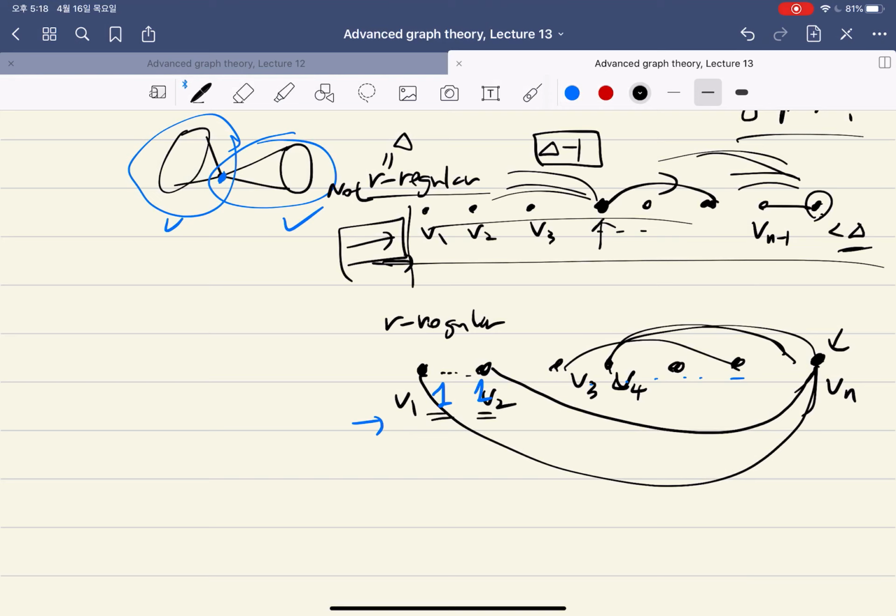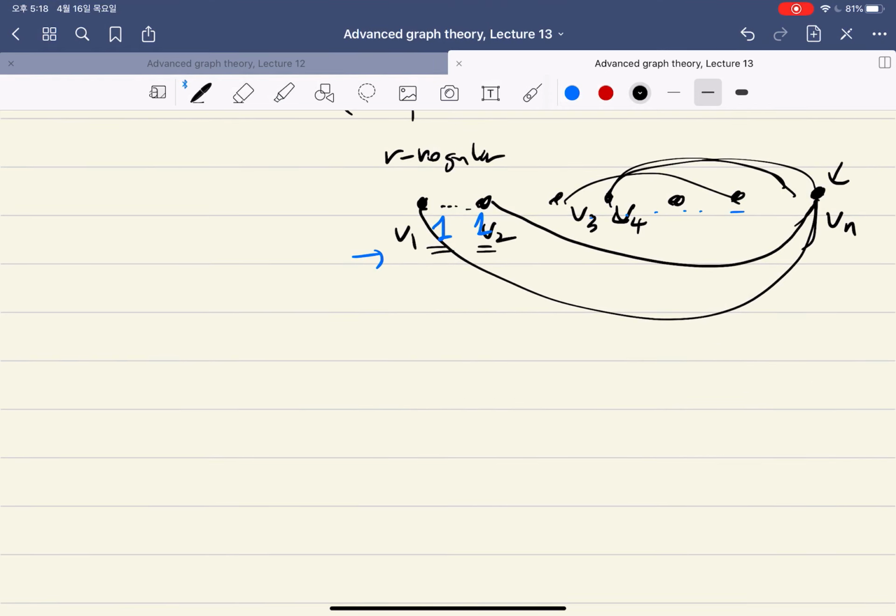And then here, this ordering where every vertex has a later neighbor except the last one, let's give some name to this ordering.